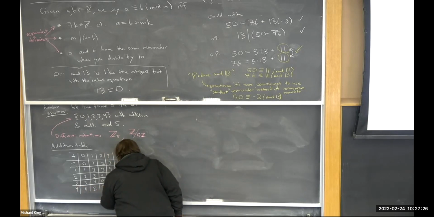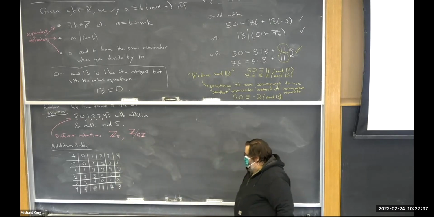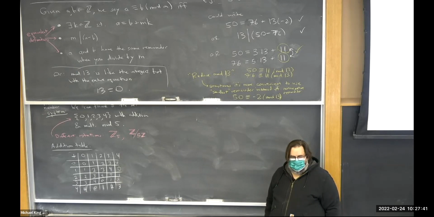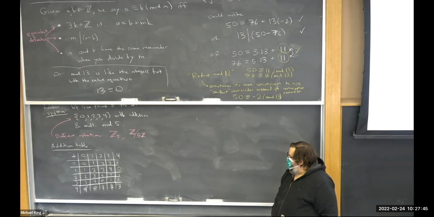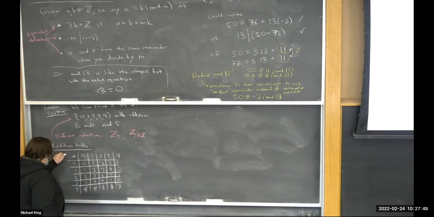Wait, what am I doing? Oh no, I miswrote. I was just going to keep the pattern going, but it's 4, 0, 1, 2, 3. So that's the addition table, mod 5.